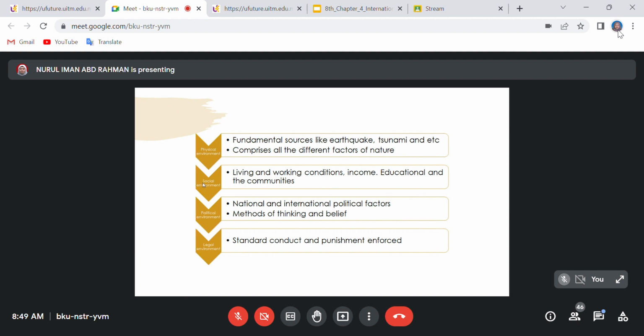While some people who are poor with low income get sick easily because they have no medicine and cannot afford to buy medicine. So all of that gives rise to a risk based on your social environment.